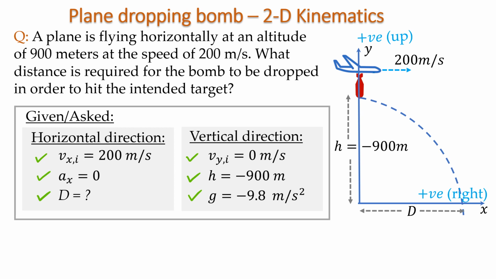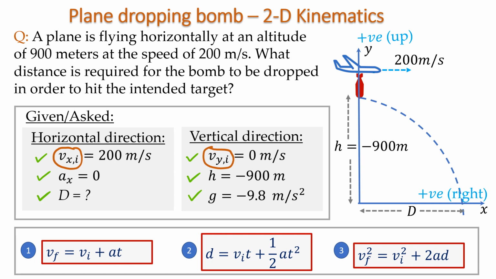And as I said, positive is up. That is all which is given and asked. Just one more comment. Don't get scared by the symbols Vxi, Vyi. It is only for clarification that the velocity is initial and it is along the x or y direction.